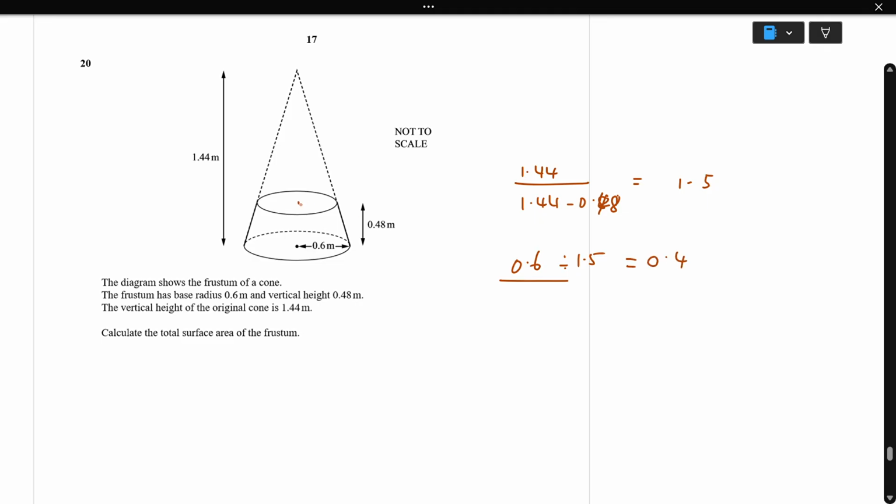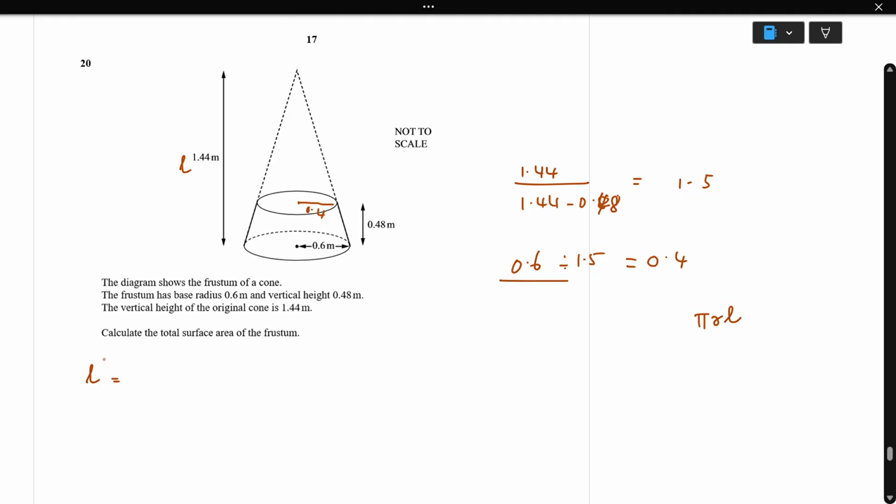Now first I'll find the slant length, because the curved surface area is going to be pi r L. I'm going to find the L of the longer one, the big cone.